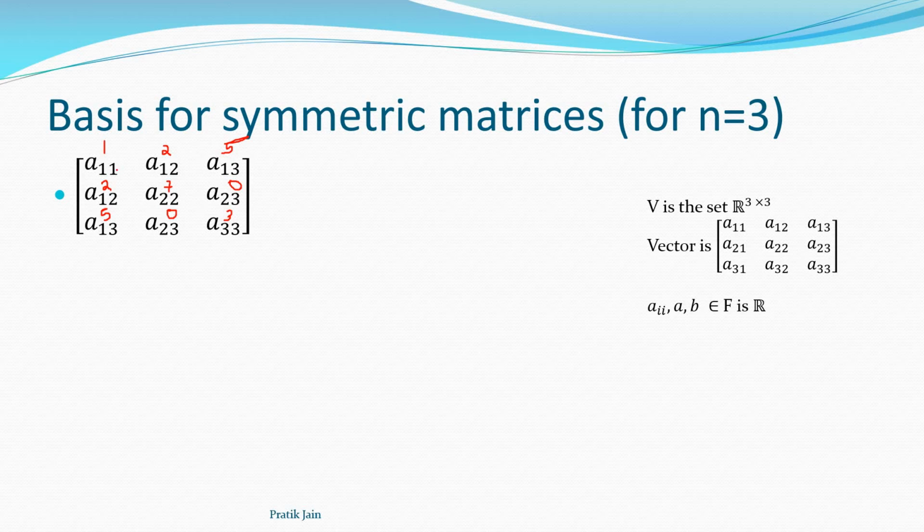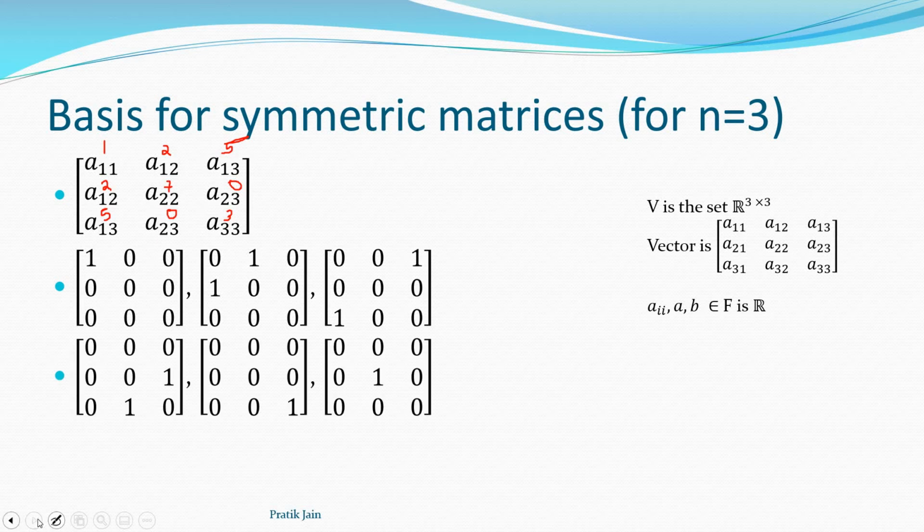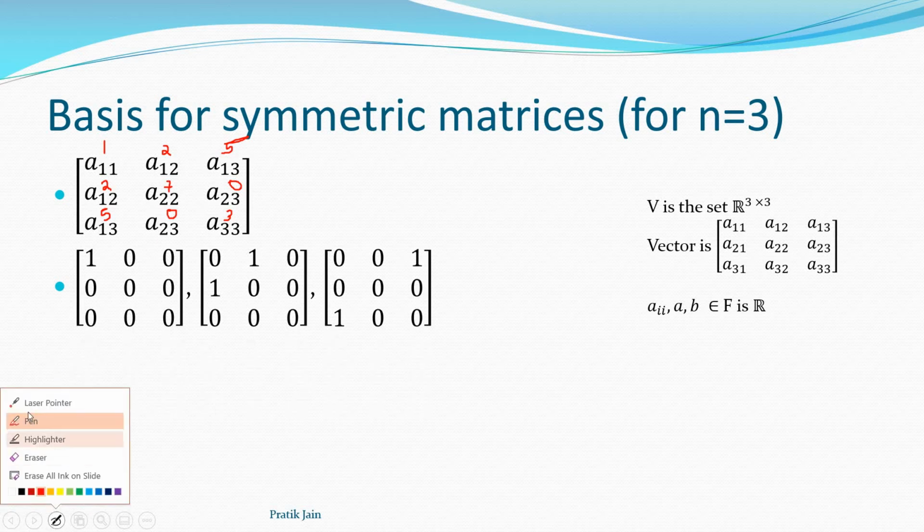So the first basis can be around A11. So just having A11. So something like this. I am just putting a 1 at A11 and all others are 0. So this basis is just focused on A11.